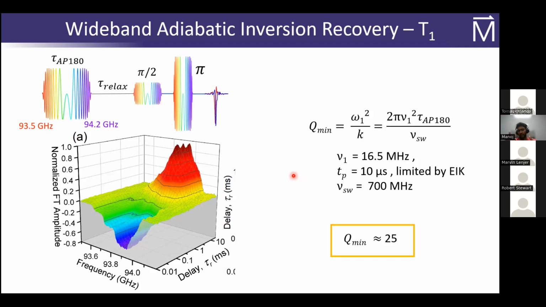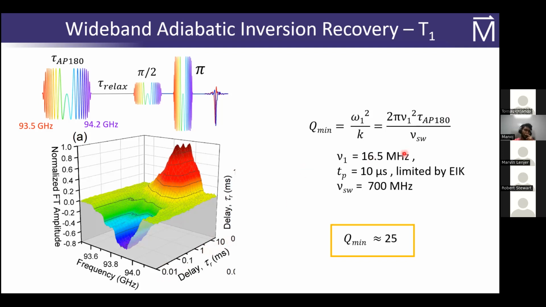Then we vary the delay between this inversion pulse and the detection pulse. As we do that, we see that the spectra, which gets flipped initially, decays rapidly and recovers back to equilibrium gradually over time. One thing to note is that this is on a logarithmic scale.